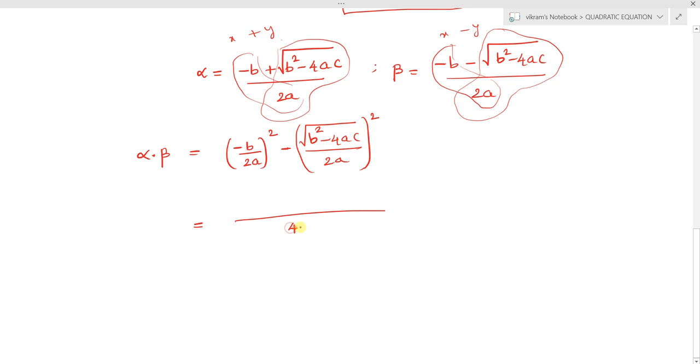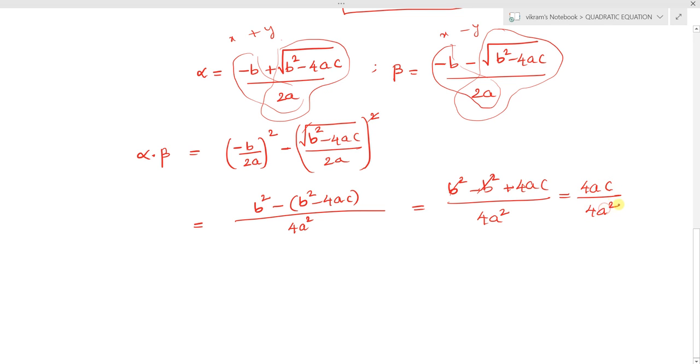Adding the numerators, minus b whole square is b square, and the square root and square cancel out, so we write b square minus 4ac, which equals b square minus b square plus 4ac by 4a square. Finally we get 4ac by 4a square, so alpha into beta equals c by a.